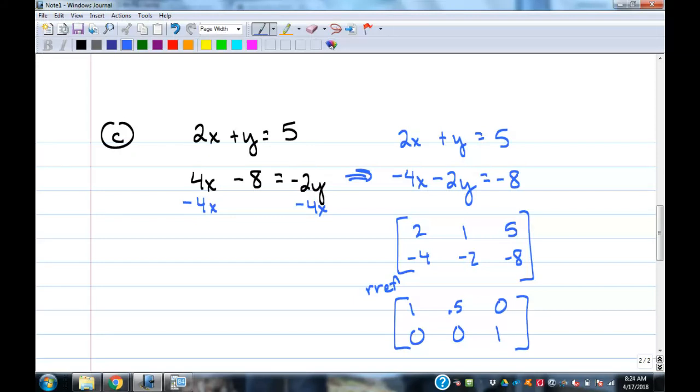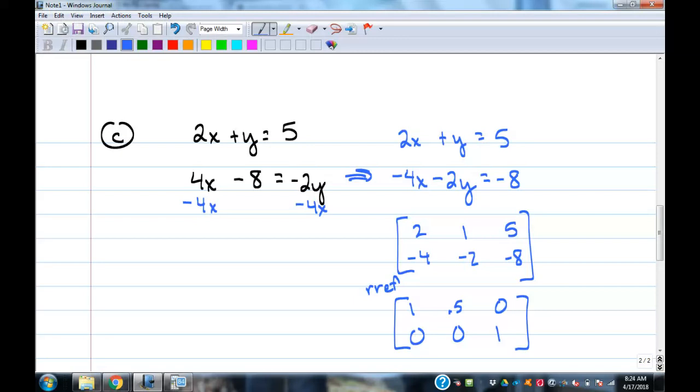What does this line say? I'm going back to what I said when I was talking about the equations. If I pulled this back out of the matrix and made an equation out of it, it'd be 1x plus 0.5y is equal to 0.